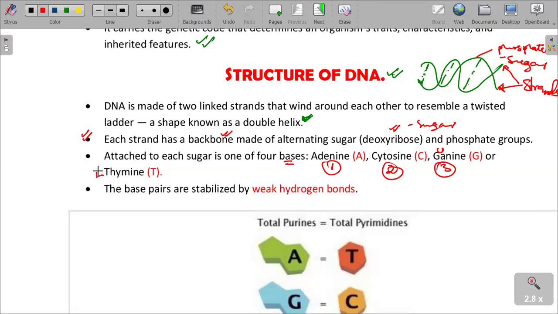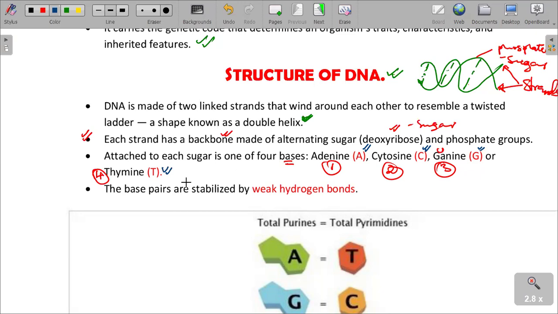You need to understand that there are four types of nitrogen bases. As we go on with the subject, you will not see them written in full, but with abbreviations or initials.